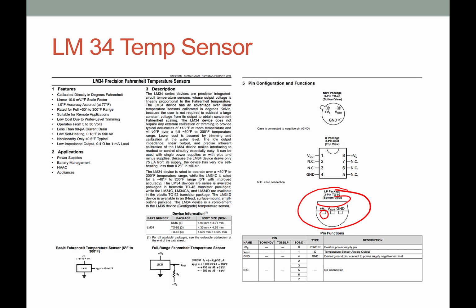Now remember, when you flip the LM34 over and put it into your board, make sure you put it into 3 separate spots on the board. Don't put them in spots that are actually connected all together. Put them in 3 different rows so that you don't have that problem.